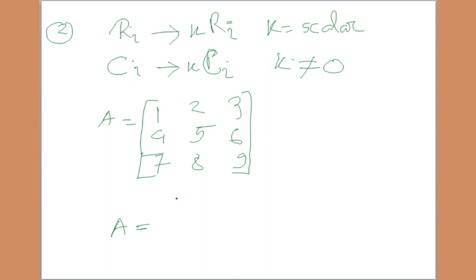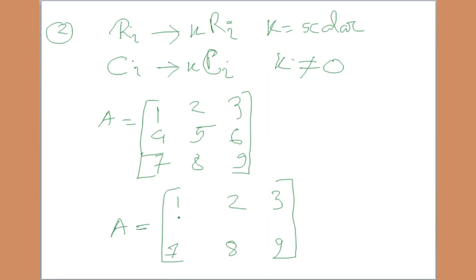But if we want to multiply any row by a number, then the first row is the same, 1 2 3, the third row is also the same, 7 8 9, and the second row we multiply by 2.